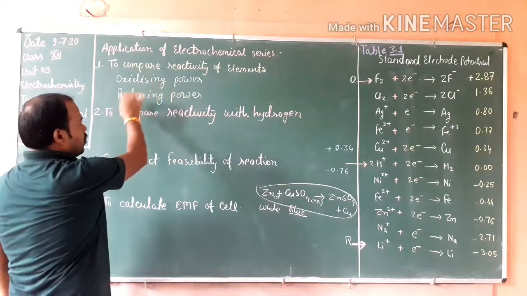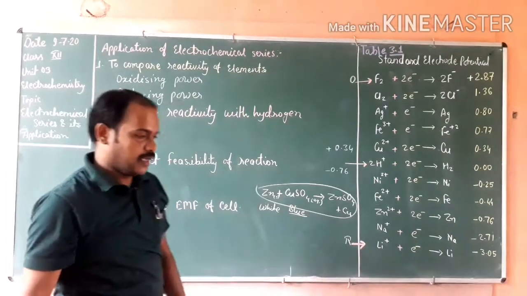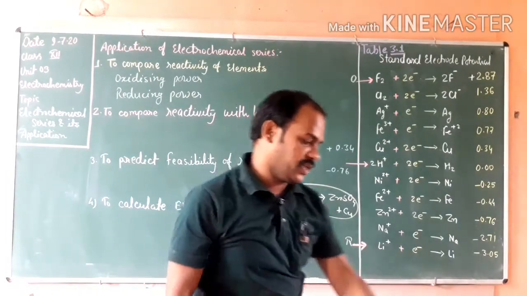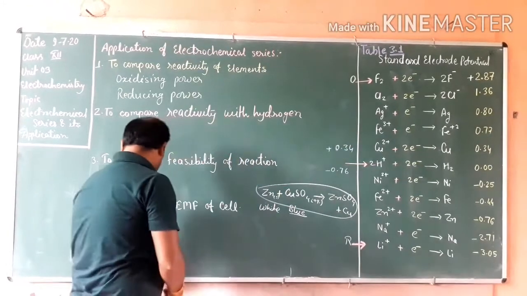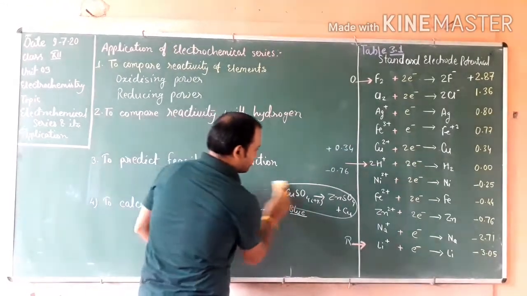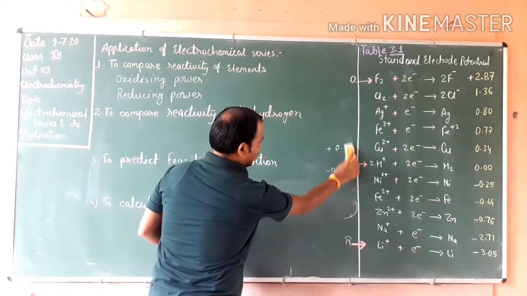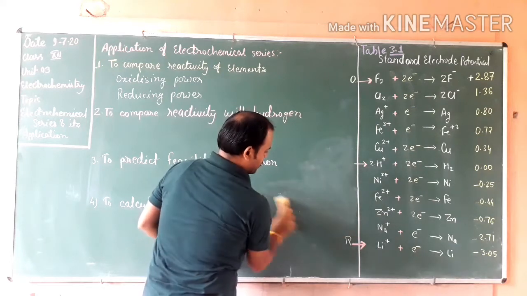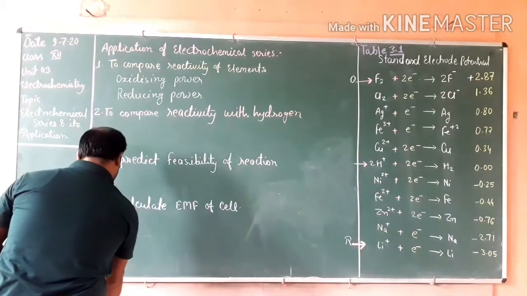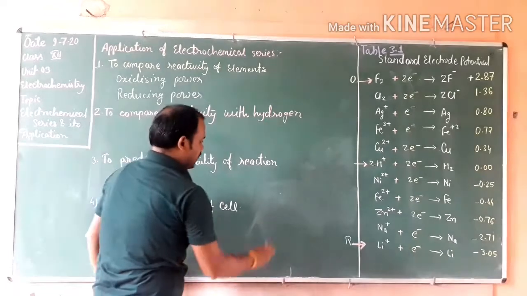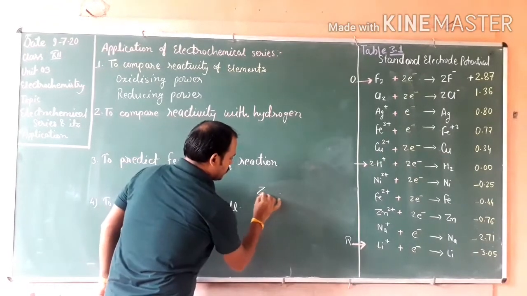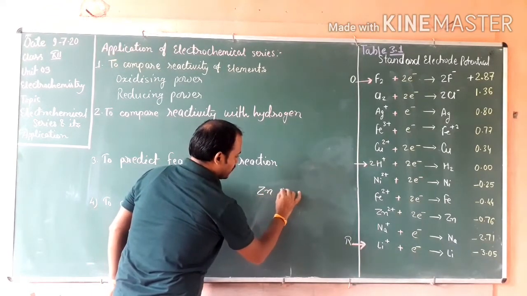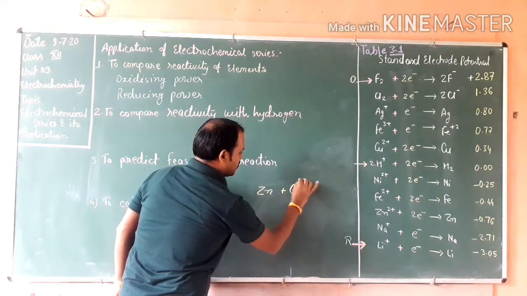Second, to compare oxidizing power and reducing power. Now students, from the same reaction, here we are going to conclude that, just take an example of two elements. These two elements are, first element, zinc plus copper sulfate, it means Cu2+.